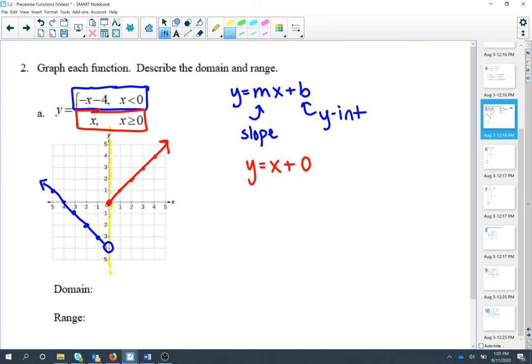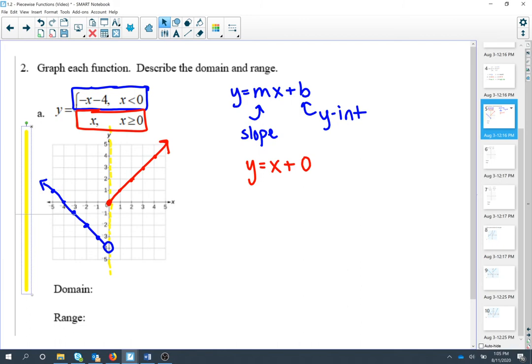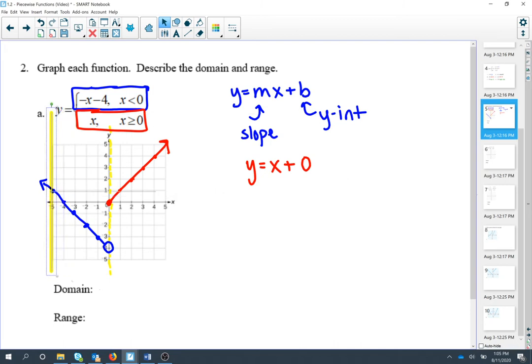Just like before, domain is all of your x values from left to right. So if I start on the left, I'm on the blue graph, I'm highlighting, I'm touching the whole way out to negative infinity because of that arrow. Touching.